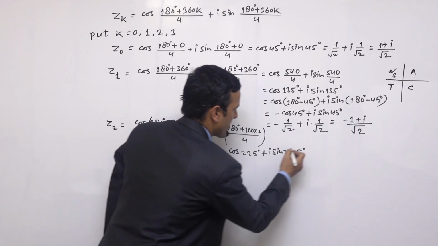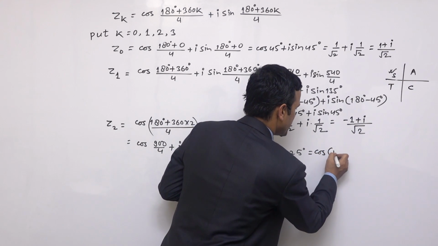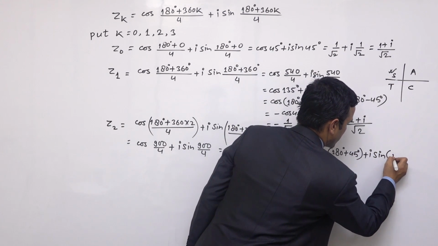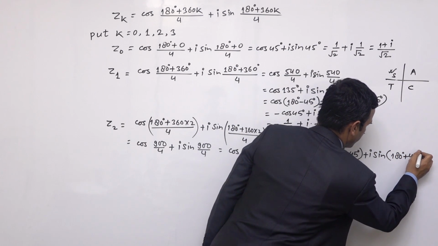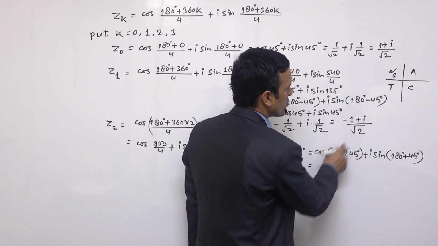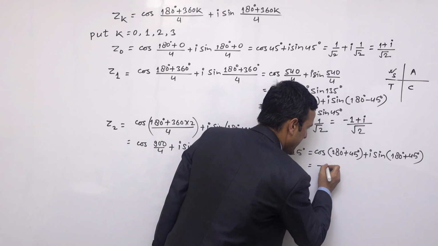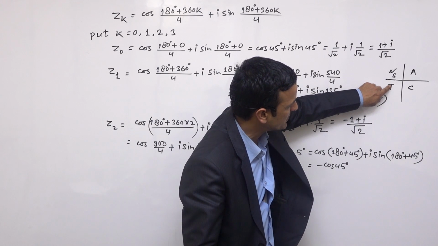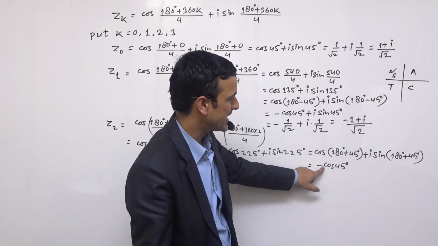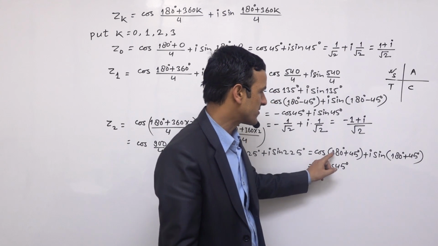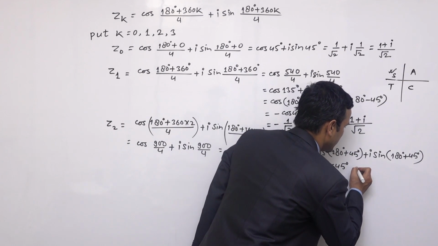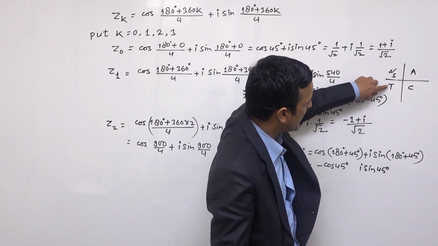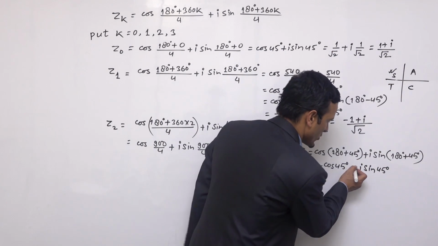Now we bring this to the simplest minimum angle. So this means cos (180 plus 45) plus i sin (180 plus 45). So cos (180 plus 45) is negative, minus cos 45 degree. 180 plus theta means the third quadrant, where the sign of cos is negative. So minus cos 45; cos (180 plus theta) means cos theta. Similarly, i sin (180 plus theta) is sin theta, again in the third quadrant, so its sign is also negative.